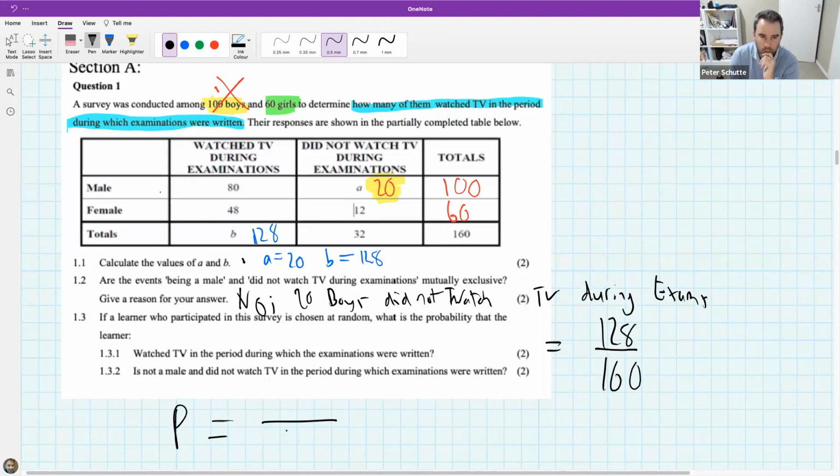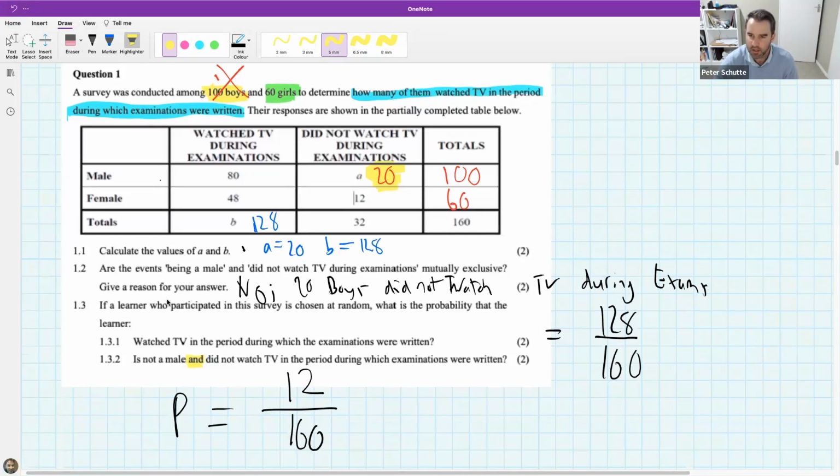So it would be 12 out of 160. The reason this is smaller is because of the word and, because to be a female or not a male and did not watch TV, that's a smaller subset. So it would be 12 out of 160.